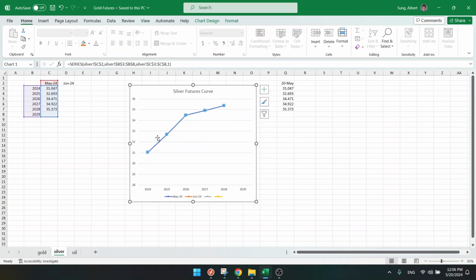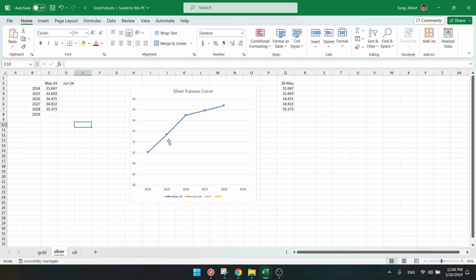Of course, this curve can shift up and down, but at least you have a certain number in your head, and that's 35. Okay? If you hold it long enough, it will go to 35 currently. And with 35, we can value companies at that price and see what the upside is.